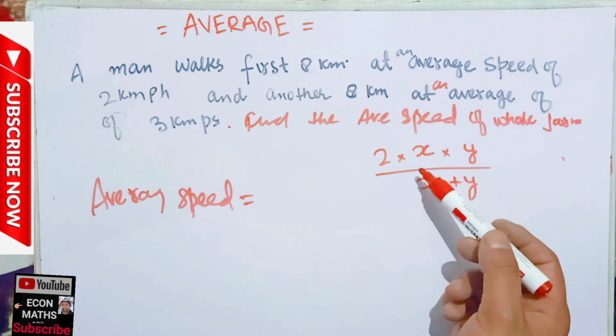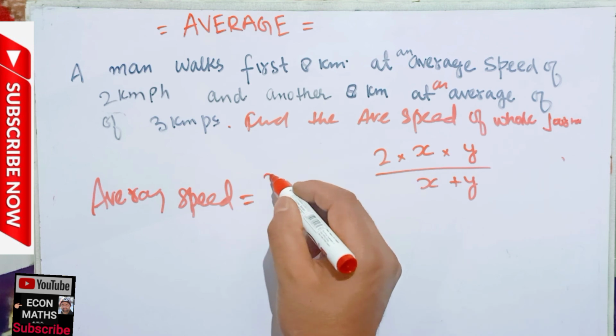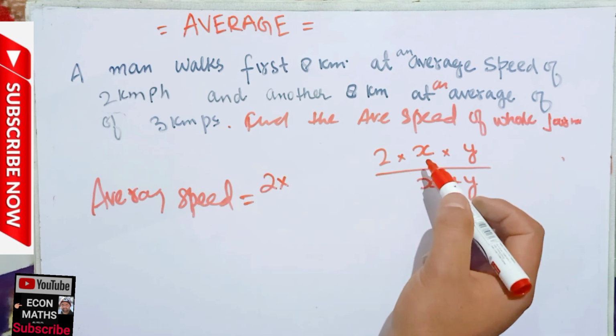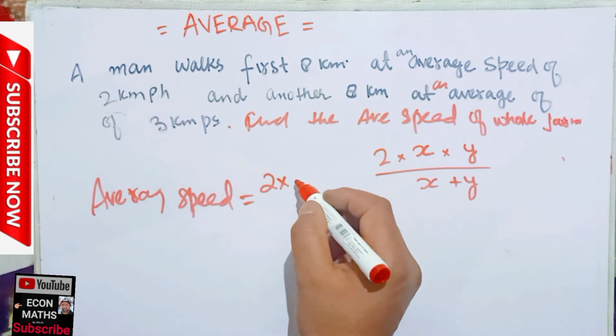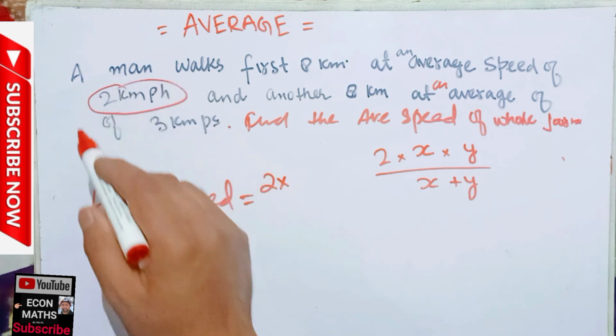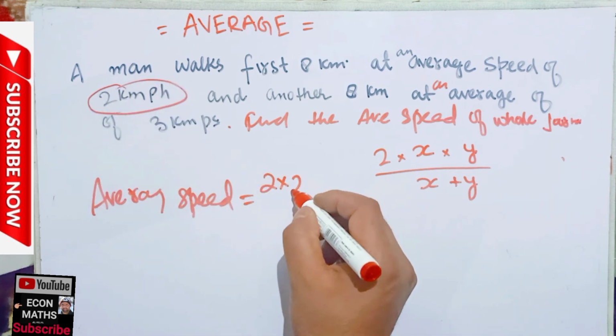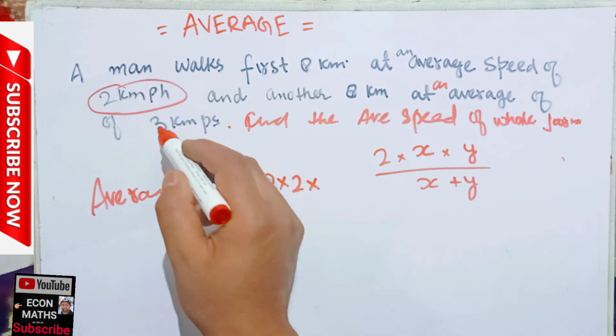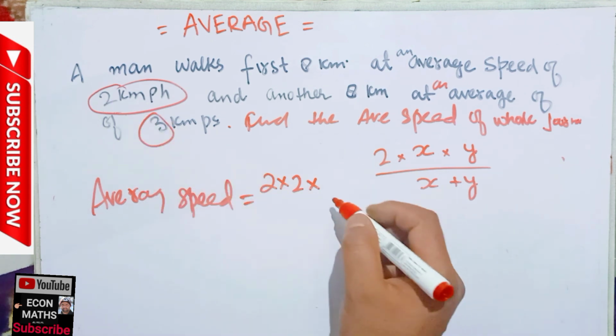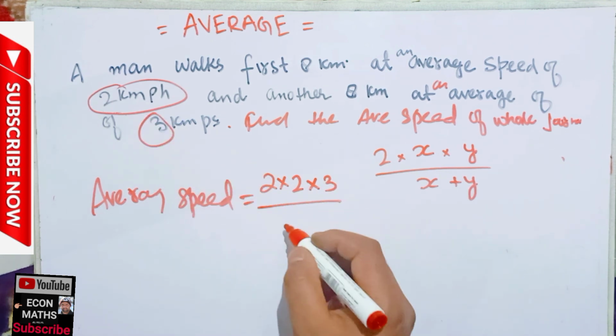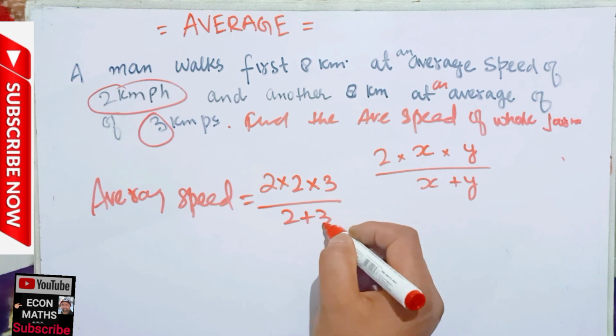Then the average speed will be equal to 2 into this 2, into this 3, here it is y, divided by 2 plus 3, here it is x plus y.